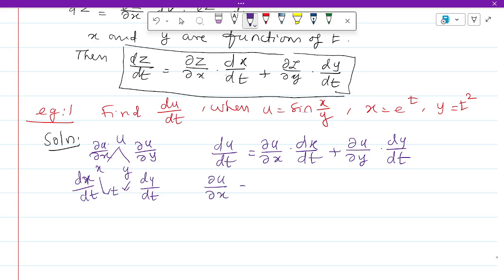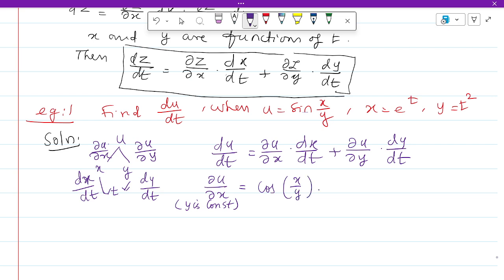Dou u by dou x means differentiate u partially with respect to x. At the time keep y as constant. So when you keep y constant, what is sin x by y? Actually it is like the function of function rule. It is a composite function. Okay, so here differentiation of sin is cos of x by y.